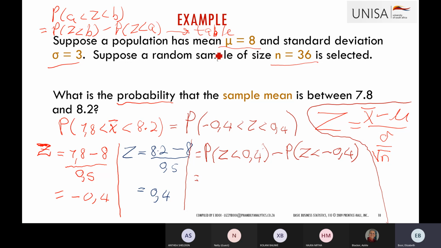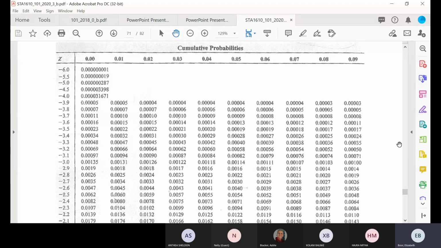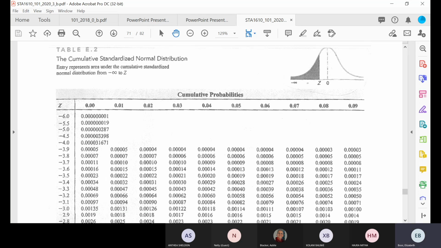When we go to the table, remember the statistical table we're using is the cumulative standardized normal distribution table.